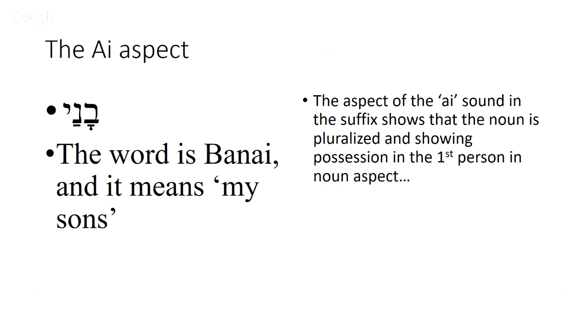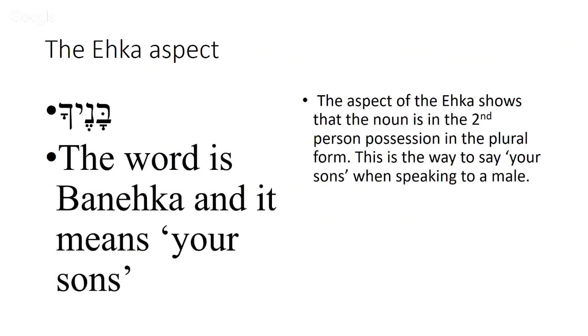Next slide, please. The eka aspect. The word is baneka, and it means your sons. The aspect of the eka shows that the noun is in the second person possession in the plural form. This is the way to say your sons when speaking to a male.